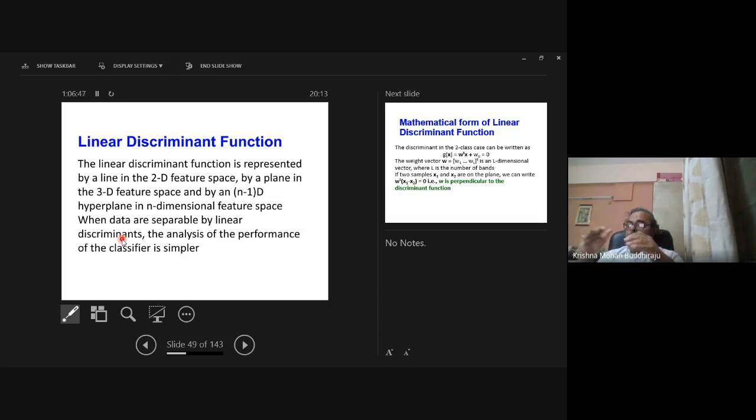With that, you partition the room into different zones, each zone representing one class. Or if it's two-dimensional, like a board on which you draw a line separating each class from the other class. So the boundary, or the discriminant that discriminates between the classes, is a linear function of the feature variables.